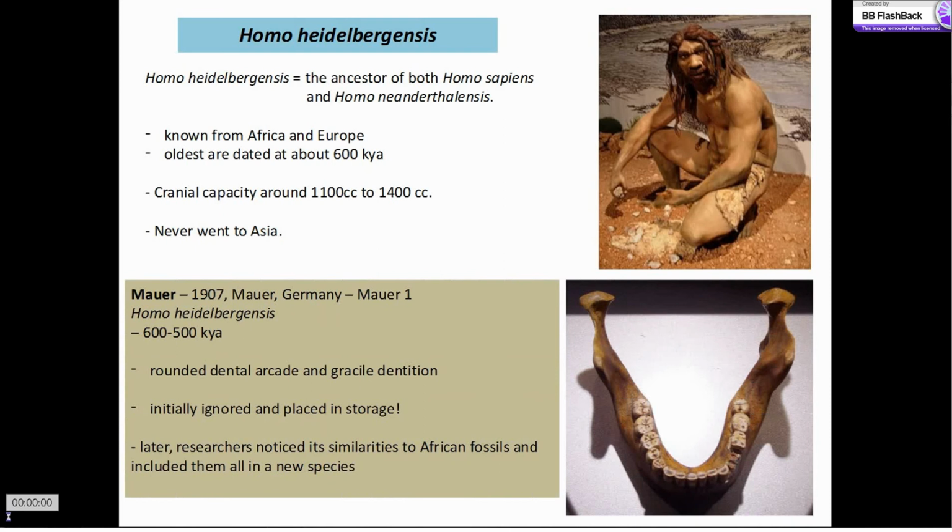They might have. So the type specimen for Homo heidelbergensis was found in Germany in 1907, and it was dated to 600 or 500,000 years ago. It was not identified as a separate species initially. Initially, it was classified as maybe a Neanderthal.